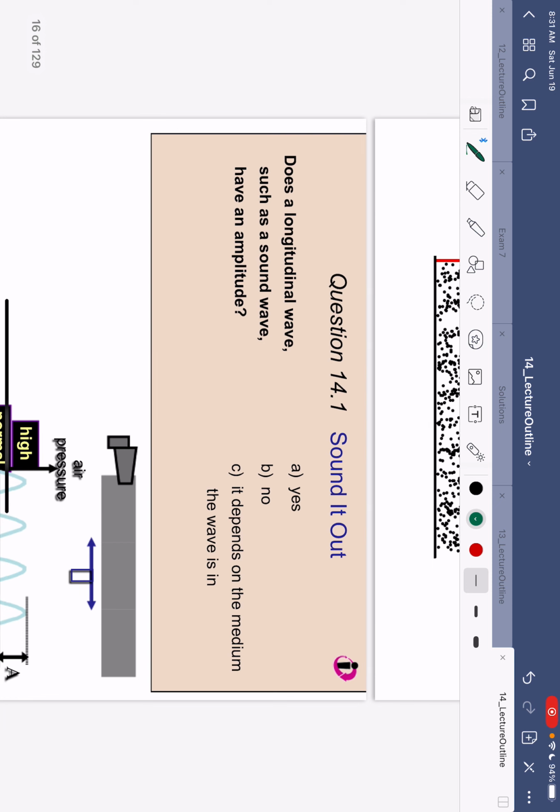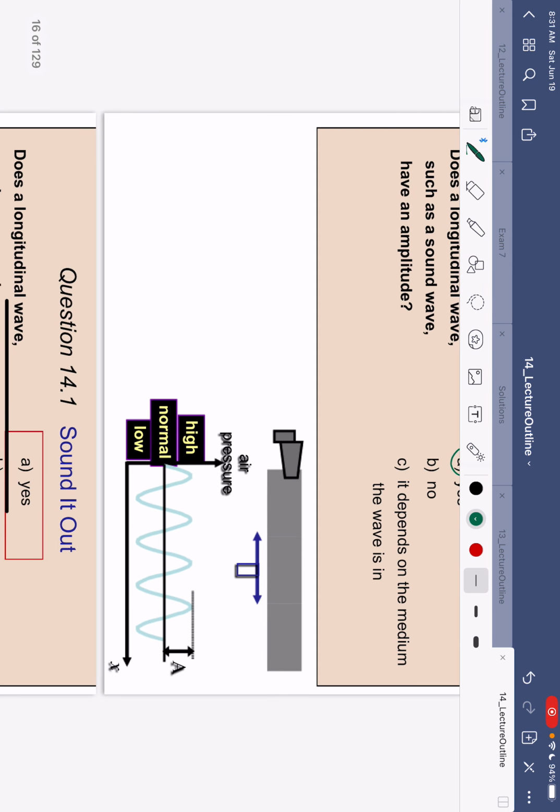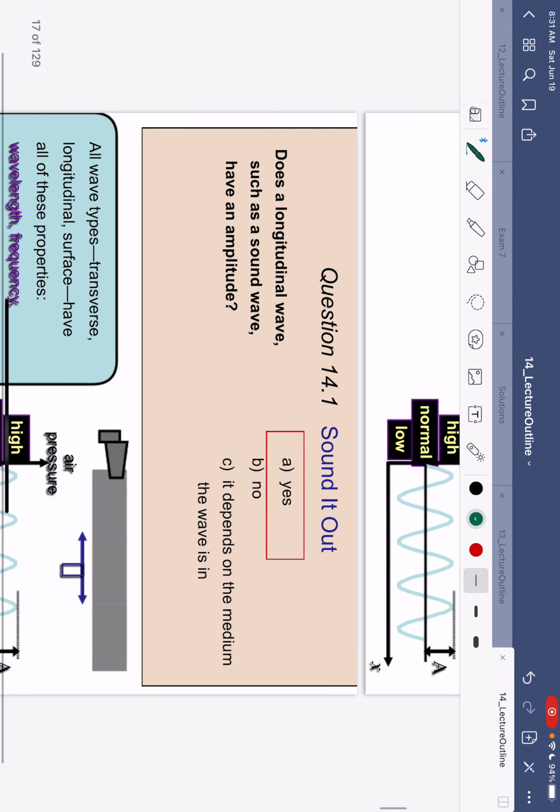Now, does a longitudinal wave, such as a sound wave, have an amplitude? Of course. That doesn't mean that it doesn't have an amplitude. It has an amplitude, and the amplitude here is the maximum displacement from equilibrium.